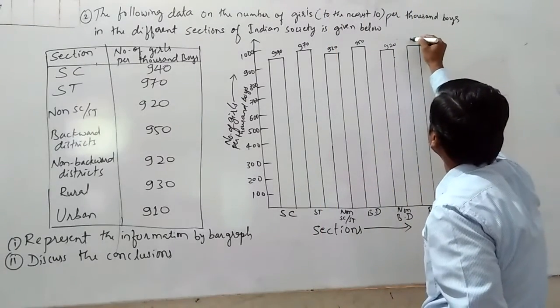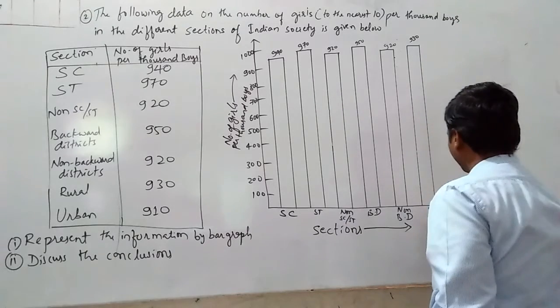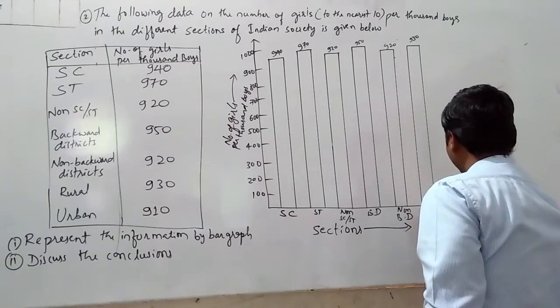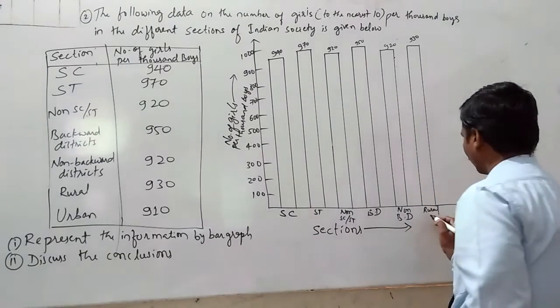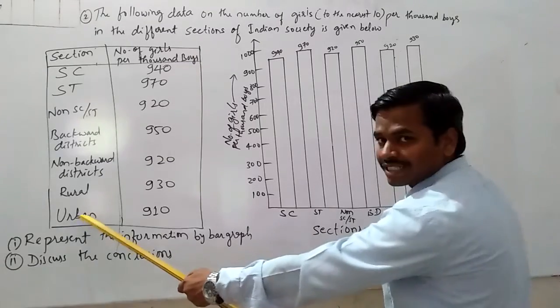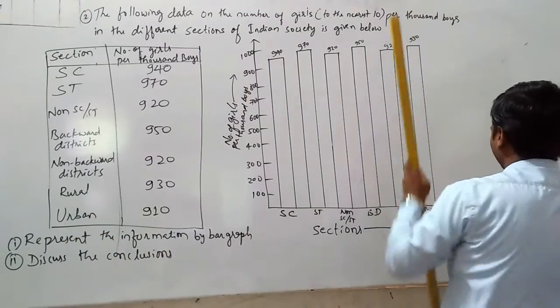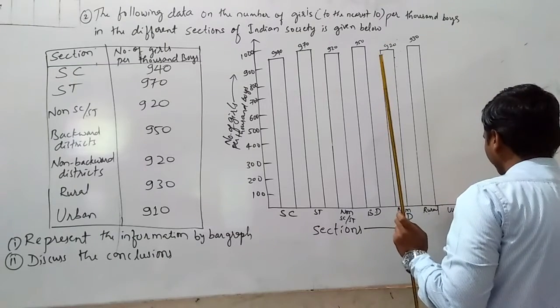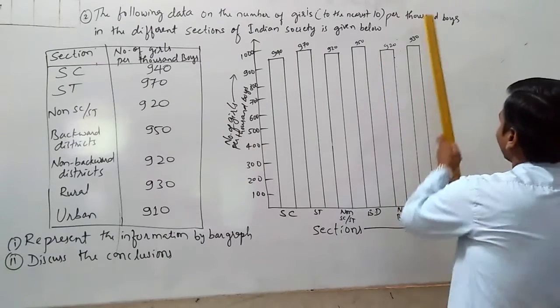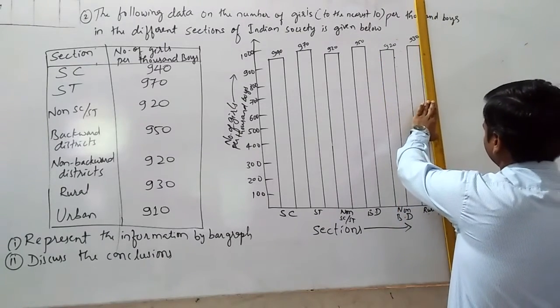This is the rural value, 930. That is the number of girls in the rural section. The number of girls in the urban section is given as 910.